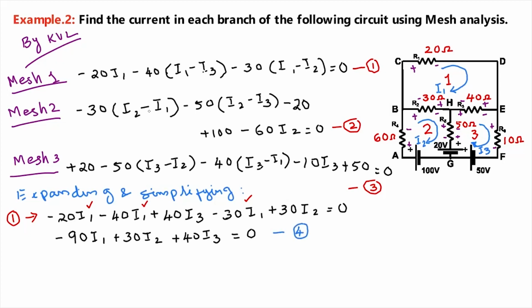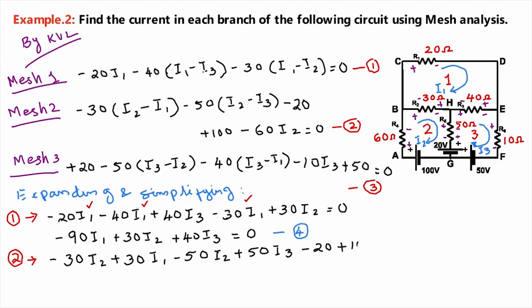Then expanding and simplifying the second equation, it becomes minus 30 I2 plus 30 I1 minus 50 I2 plus 50 I3 minus 20 plus 100 minus 60 I2 is equal to 0.